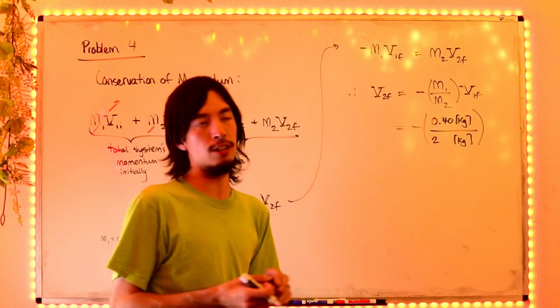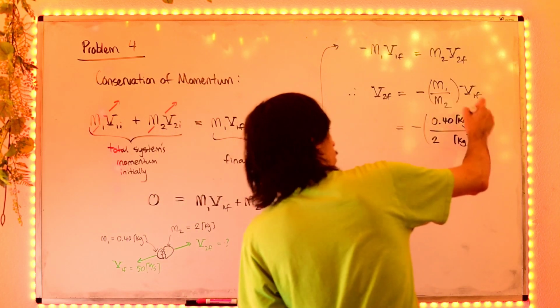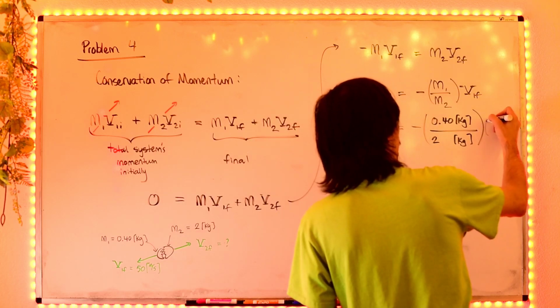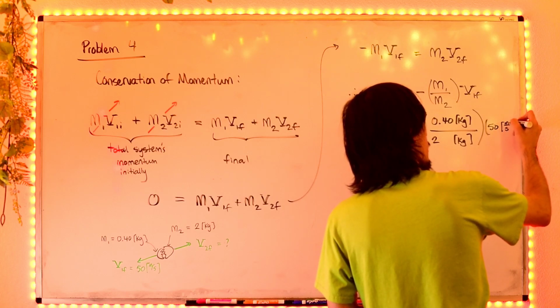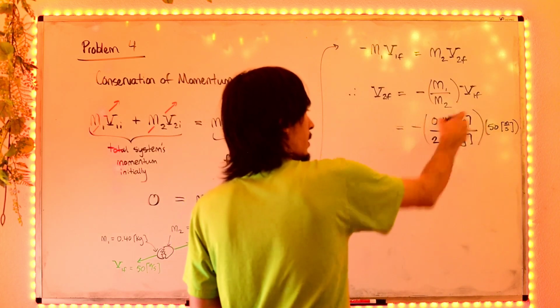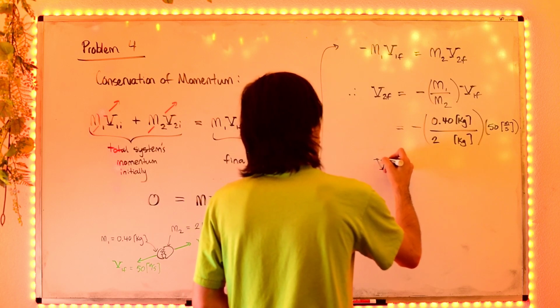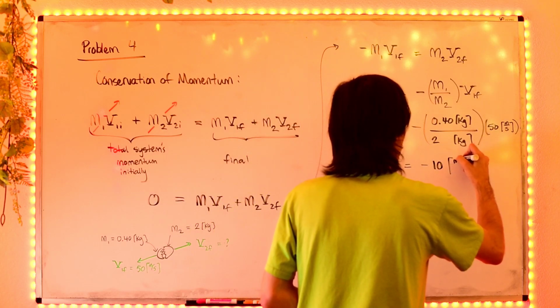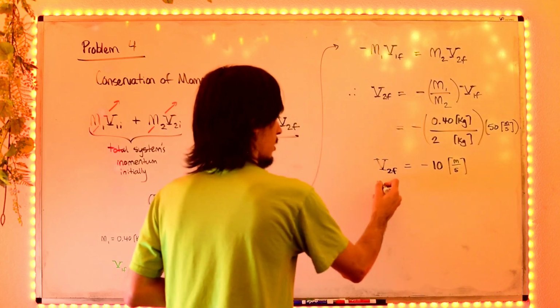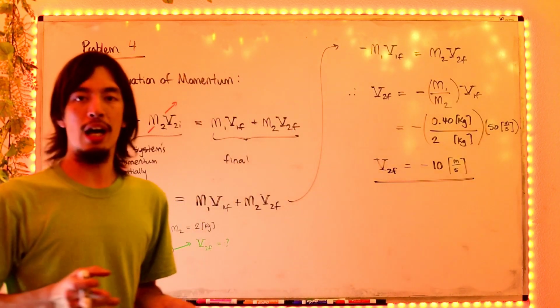It doesn't really matter. So we take that ratio of the two masses, multiply it by the velocity of the other one, which is 50 meters per second. We take 1/5 of that, and we find that the velocity of the larger piece is minus 10 meters per second. Now that's the velocity.